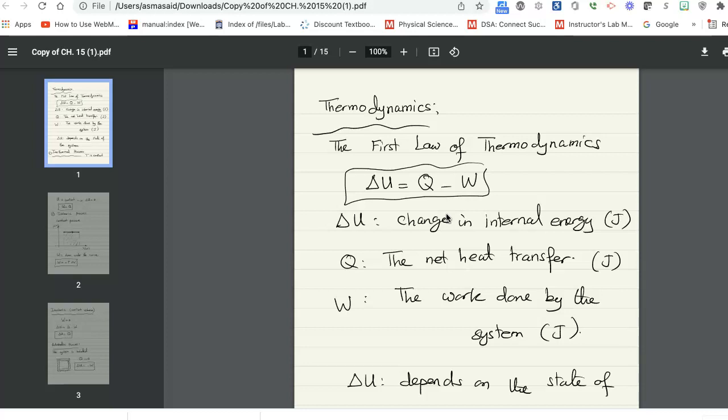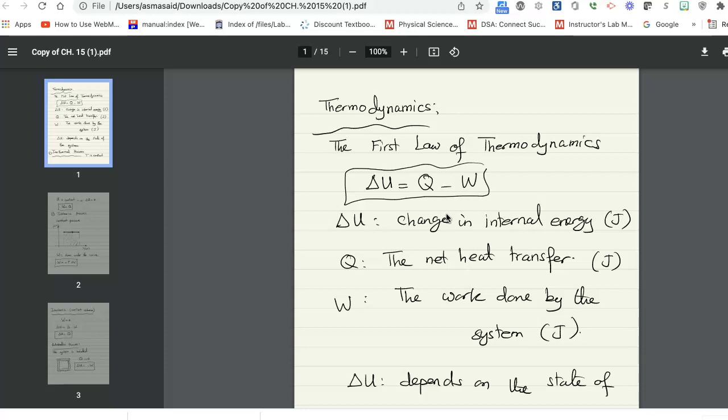There are many forms of the first law of thermodynamics, different definitions. For us, we are going to use this one here, where the change in internal energy is Q minus W. But you need to take care of what these are. All of these quantities are measured in joules. Delta U is the change in internal energy, which is the final internal energy minus the initial.